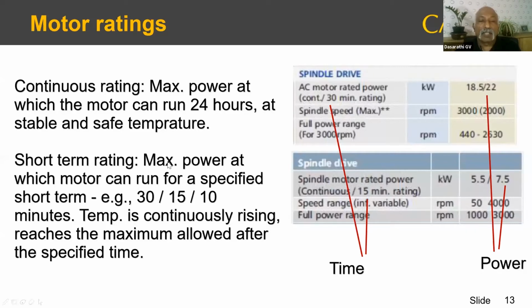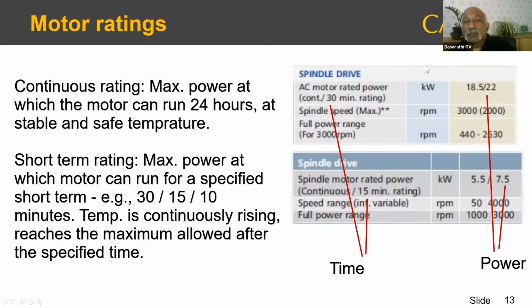And the short-term rating is that you can operate at a much higher power for a short while, maybe half an hour, 15 minutes, 10 minutes, whatever. Beyond that, the temperature of the motor has gone so high that it's not safe to operate it.